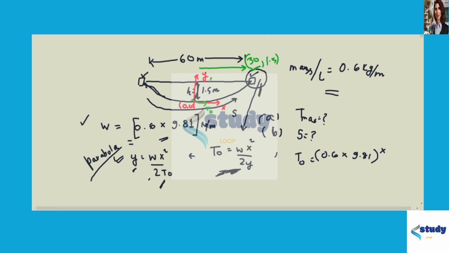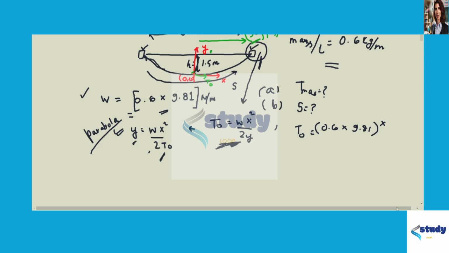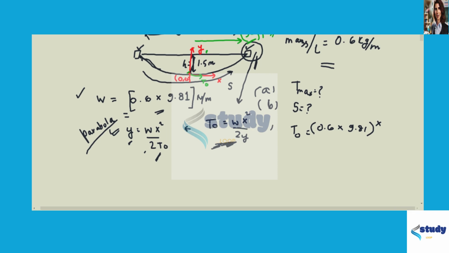Now let's put w into x squared, that is 30 squared, divided by 2 times y at this point, 2 times 1.5.